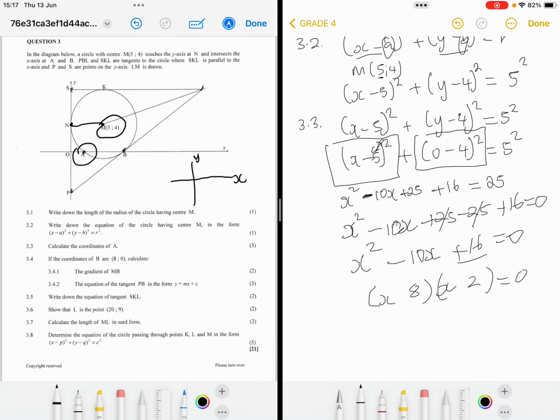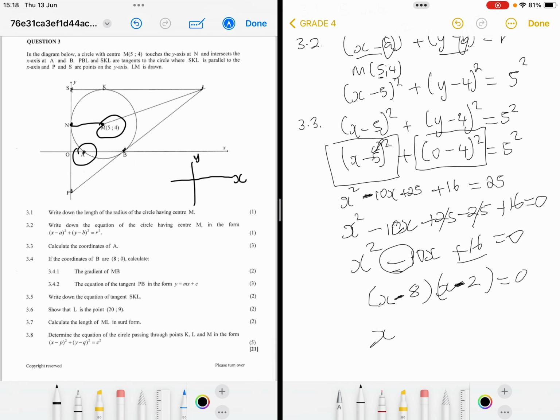The bigger number will take the sign of the middle term. The middle term is negative, so we're going to say minus 8 here. To arrive at the final answer, which is minus 10, we should have minus 2 this side. Minus 8 minus 2 is equal to minus 10.